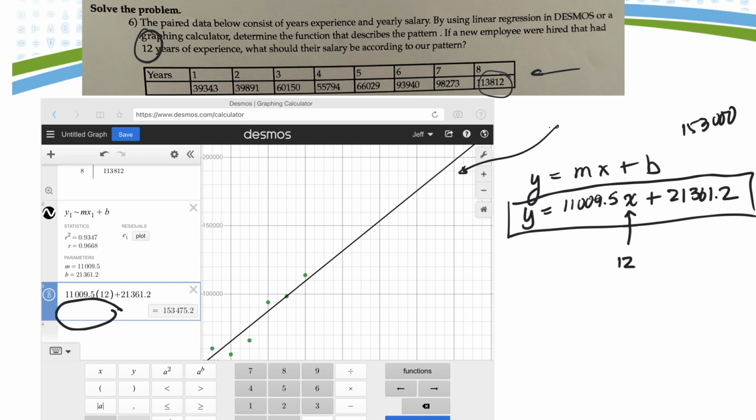Okay, so that number comes out to 153,475.2. I just rounded that. All right, hopefully that helps you in using Desmos to help you model a function.